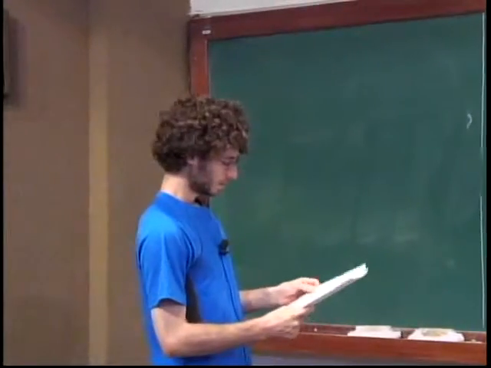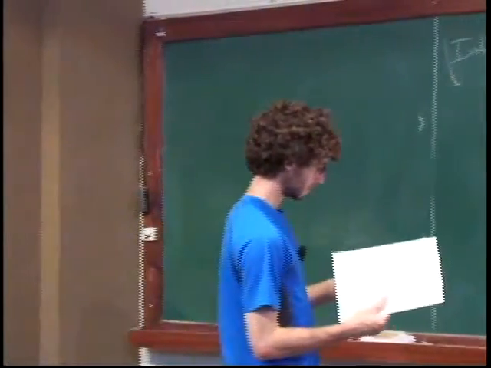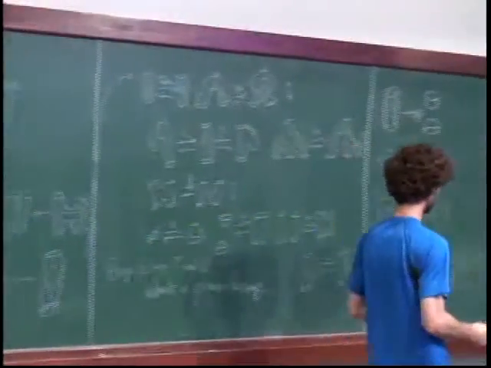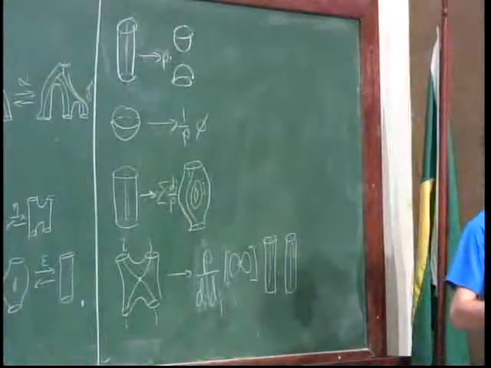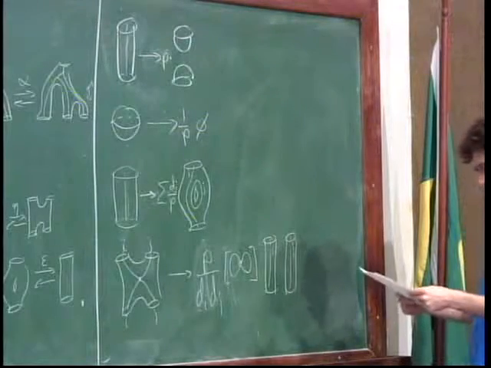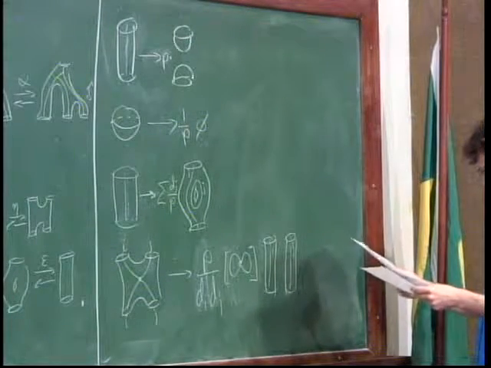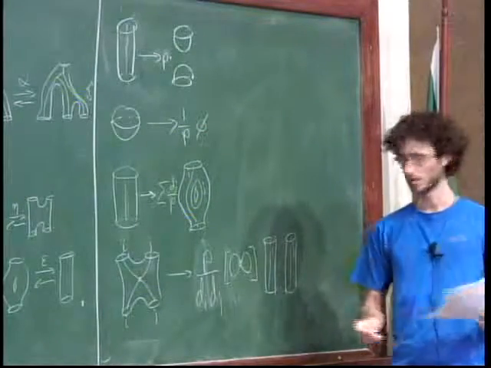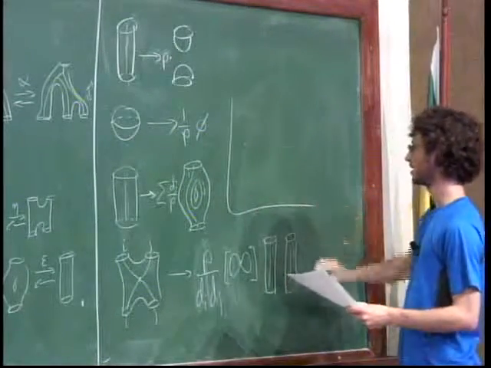And to make sense of it, I suggest we just dive right in and actually compute the value of the TFT on some 3-manifold, since that's what we wanted to get to. Yep, I was about to do that. Thank you.